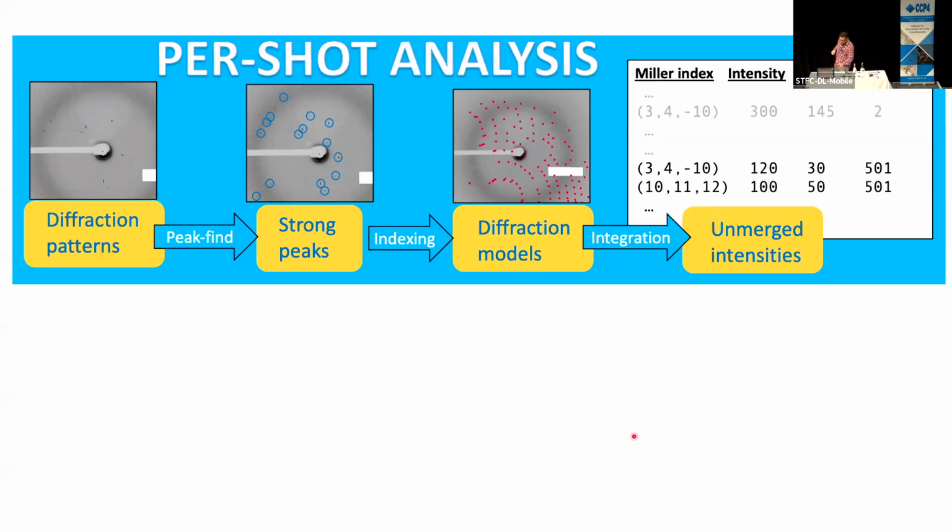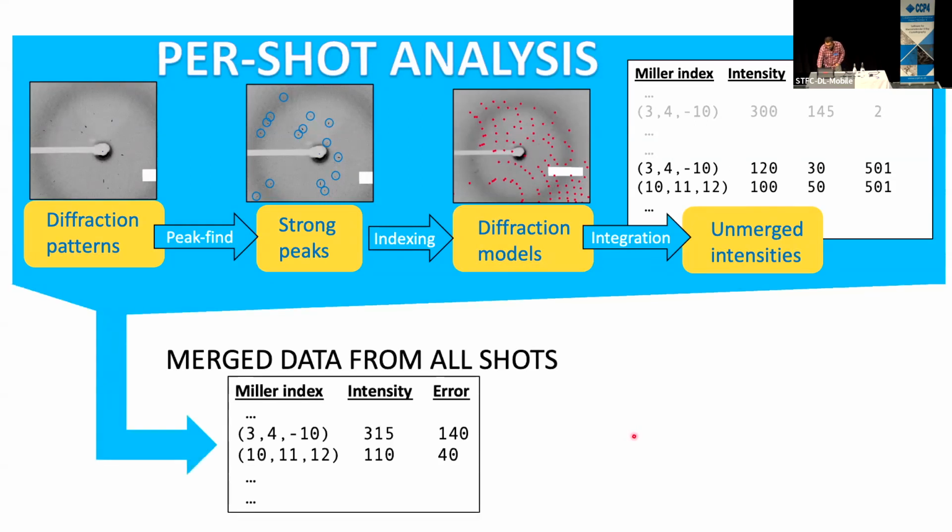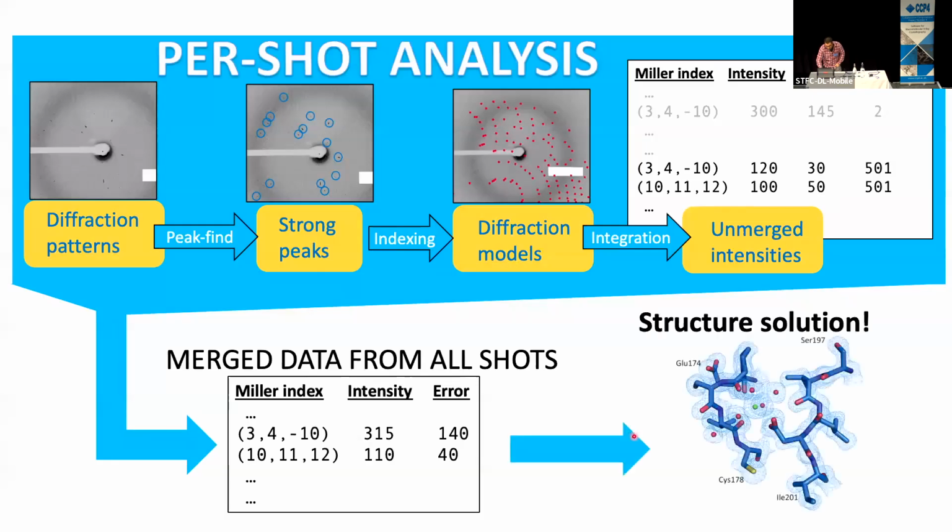You have to detect the strong spots and index the pattern, predict scattering from some basic models, do an integration, and tally everything up. That's all the per-shot analysis that gets merged into your structure factor intensity solution, which you can then feed to your favorite program to get your structure solution.